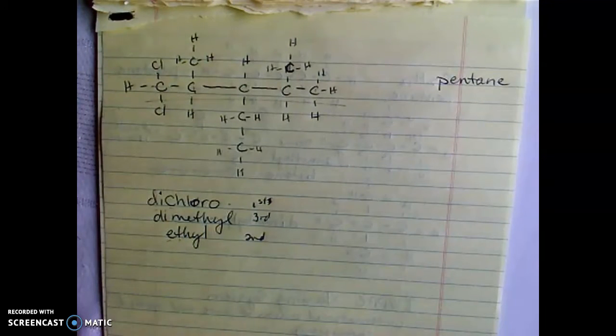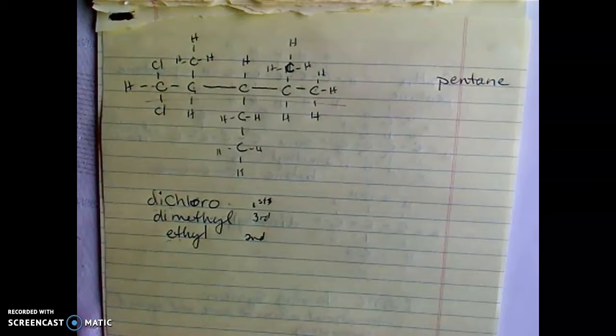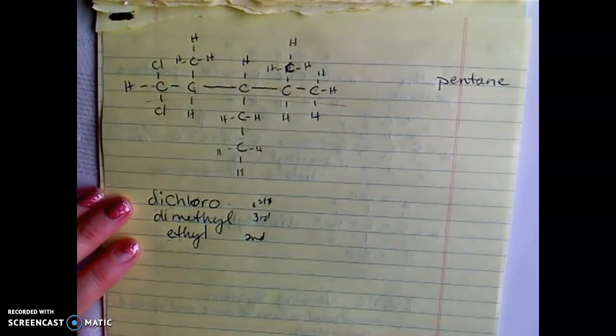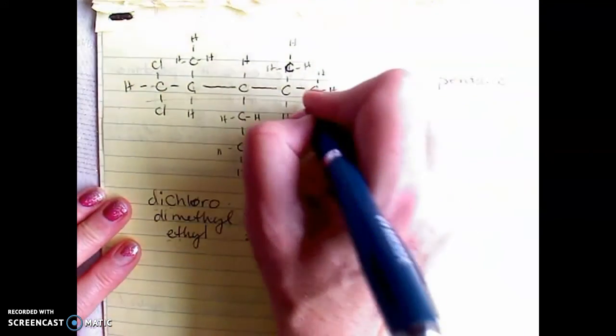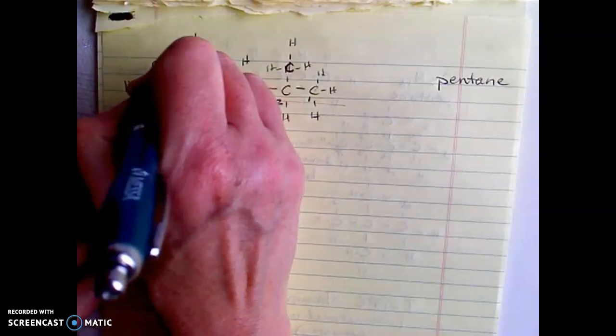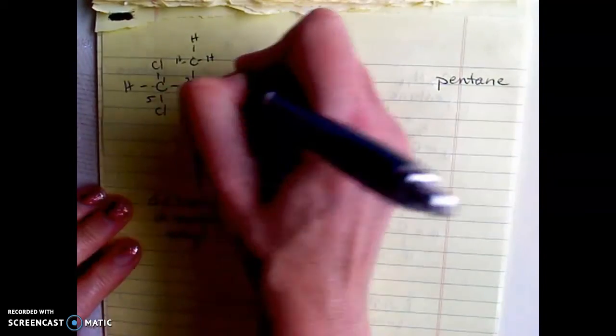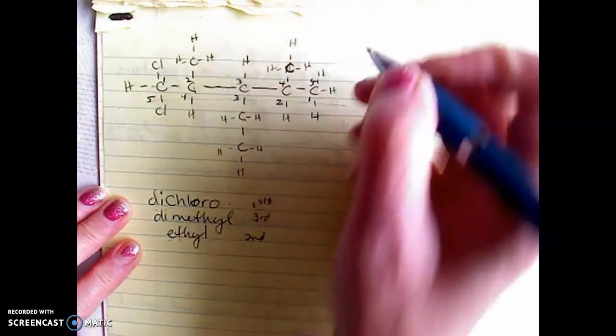Now I need numbers, especially to indicate when I have more than one, I have to know where they are. So we need to figure out what way we can do this. I can go 1, 2, 3, 4, 5, or I can go 1, 2, 3, 4, 5.